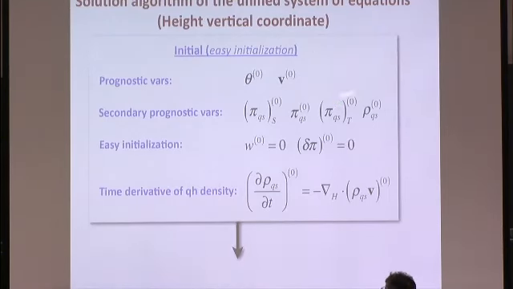These are all secondary prognostic variables obtained from these ones. And for the initialization, I start with w is 0 and d pi is 0. And then, from the continuity equation with w is 0, I obtain d rho qs dt for the start.